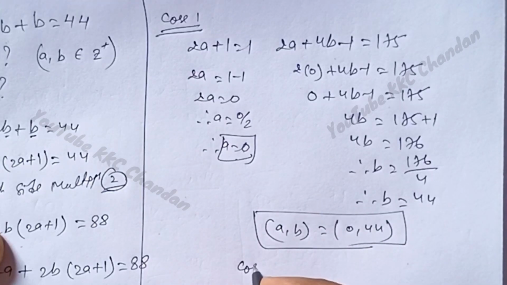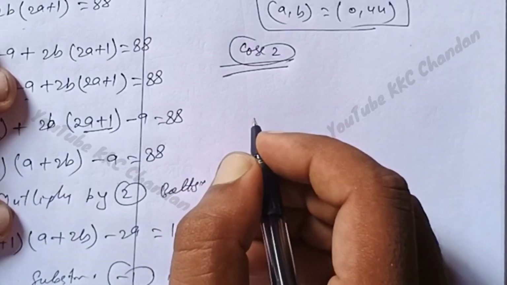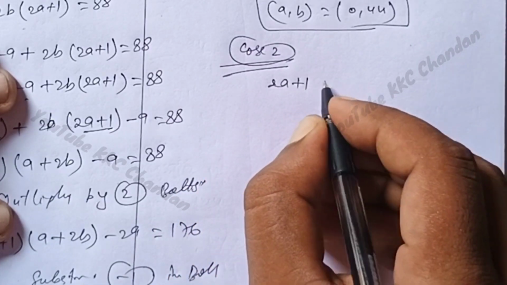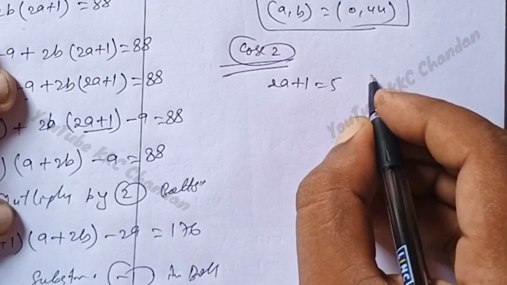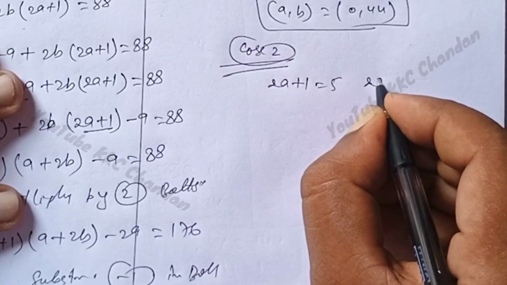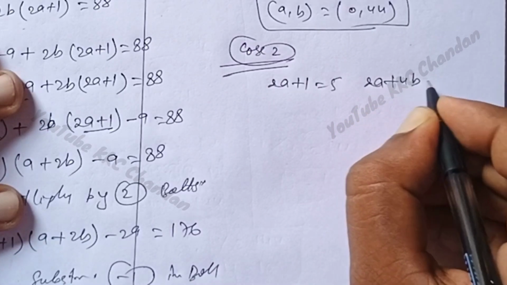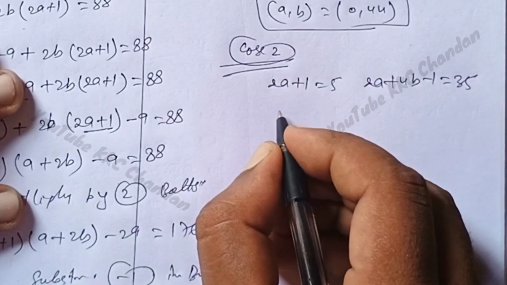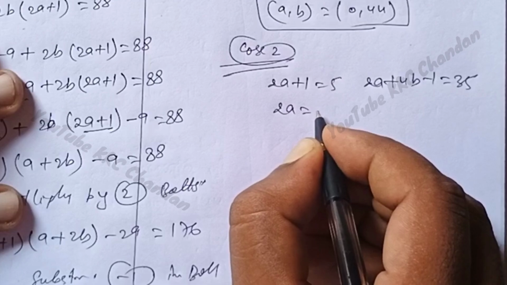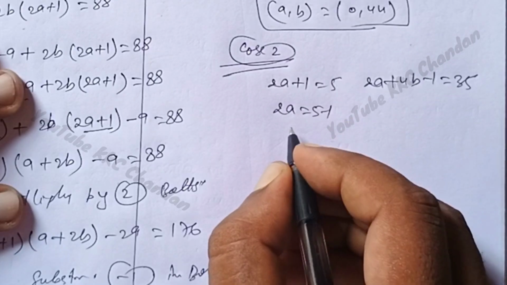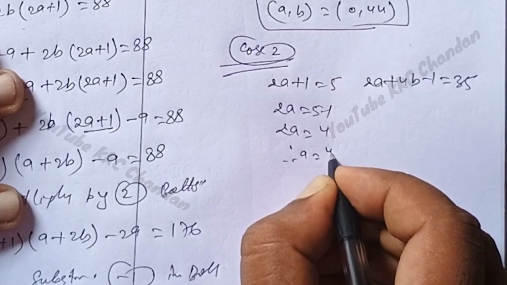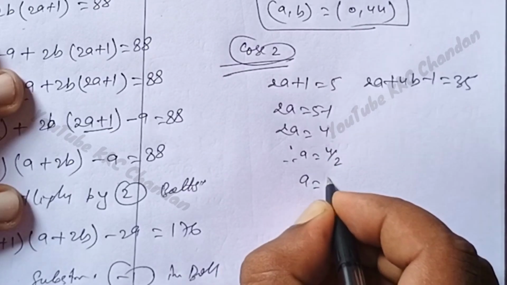Case 2: 2a plus 1 is equal to 5, and 2a plus 4b minus 1 is equal to 35. Here 2a is equal to 5 minus 1, 2a is equal to 4, therefore a is equal to 4 divided by 2, a is equal to 2.